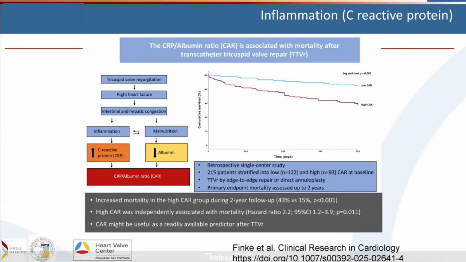And again, let me conclude with anything else. Whatever we do, it is the timing. The earlier, the better, because the outcome finally is highly dependent on the comorbidities. So I took some of the latest publications as examples. Inflammation: the C-reactive protein in the blood predicts the outcome after the procedures.